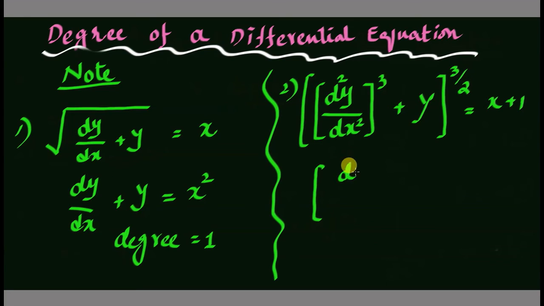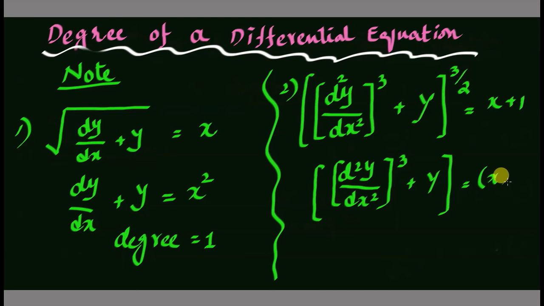Just take the reciprocal of this power on both sides and you will get plus y equal to x plus 1 to the power 2 by 3.